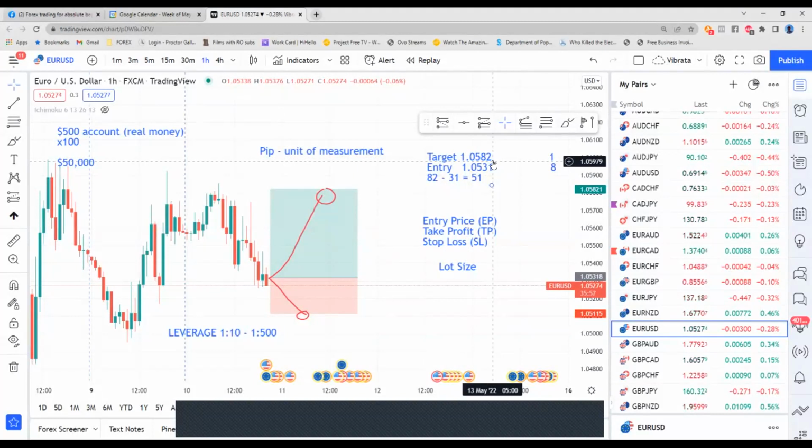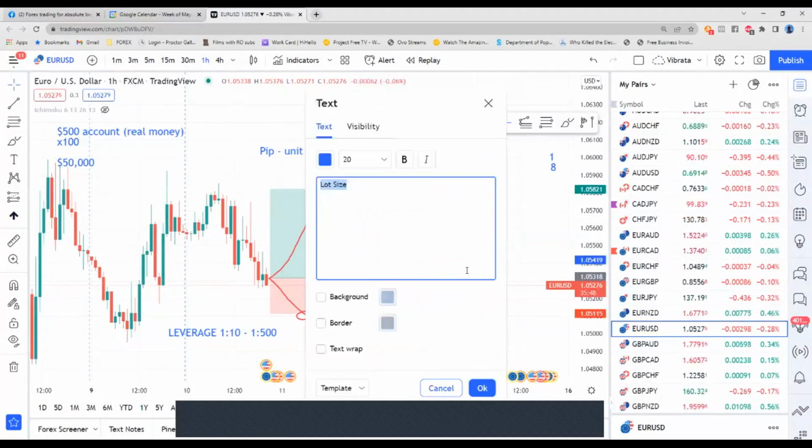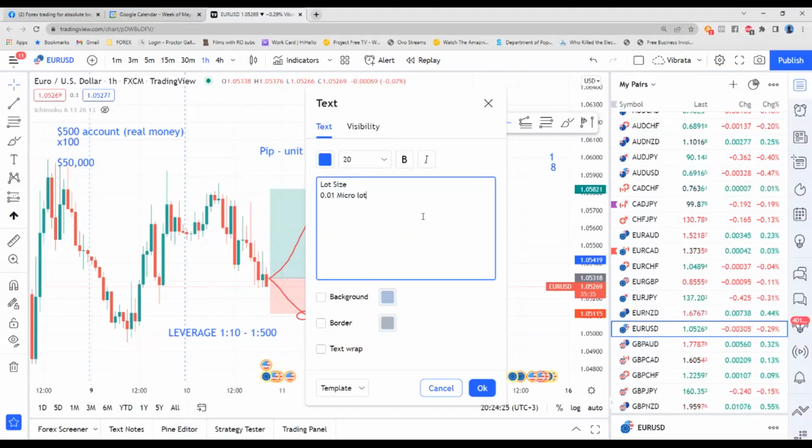Now, how much is a pip worth? Well, that question is answered by the lot size. So you have 3 types of, actually there are 4, but the 4th one we don't really use. So let's start with a micro lot, a mini lot, and a standard lot.